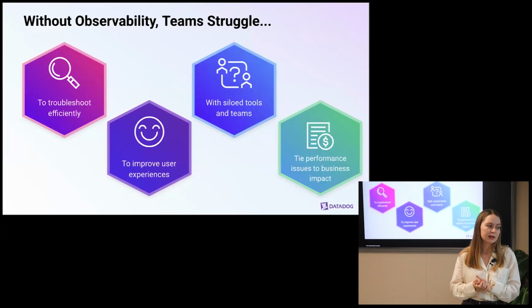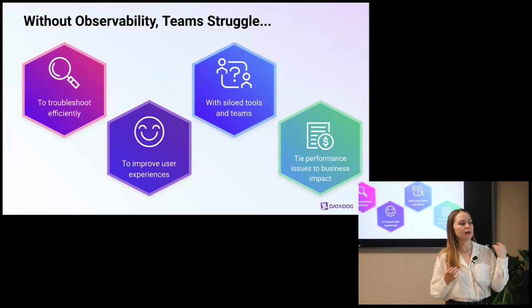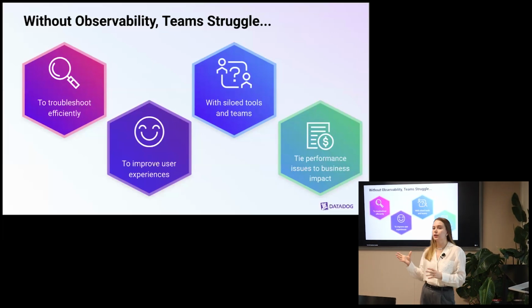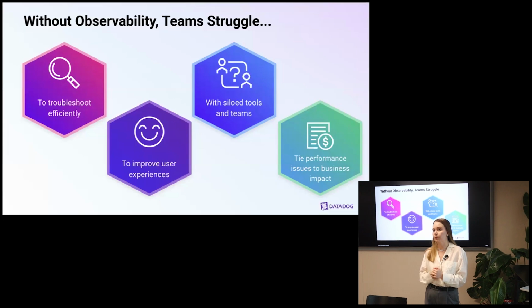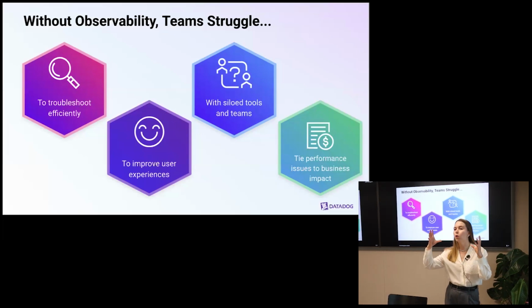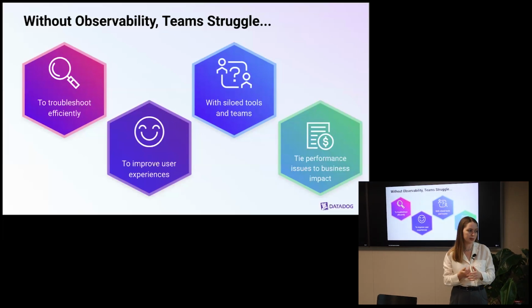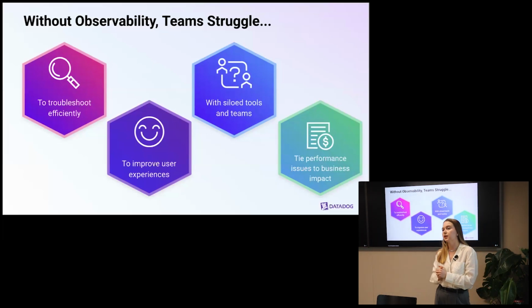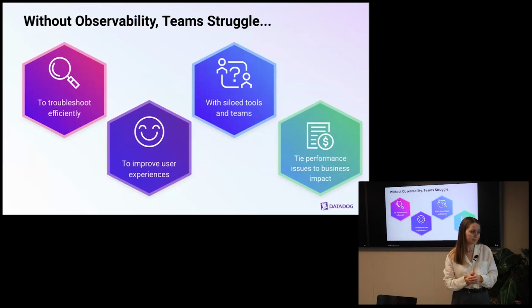Without observability, teams are blind to what's really going on in your system. Troubleshooting can be very slow because you don't have all the observability data. There could be lots of teams, lots of tools, and the tools can be siloed. For example, your backend engineers could see some data, but it is not the same data that SREs are looking at.